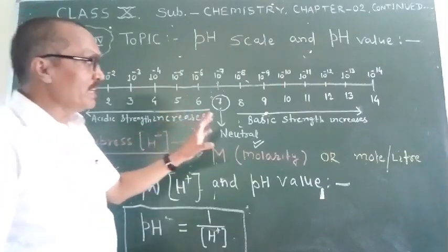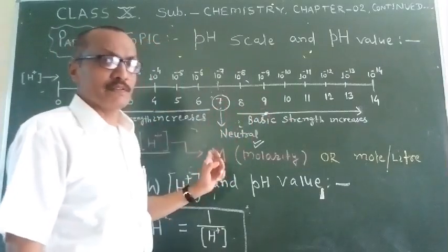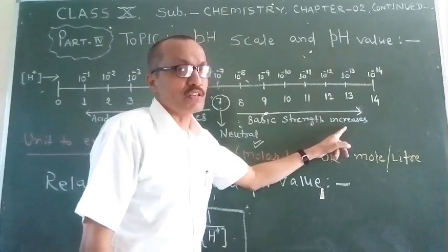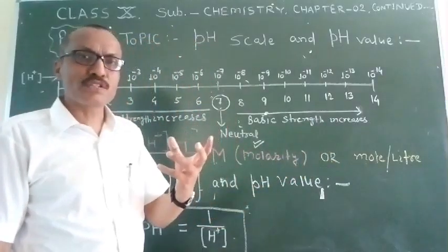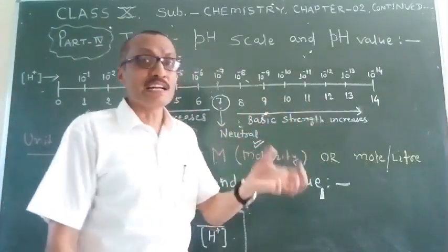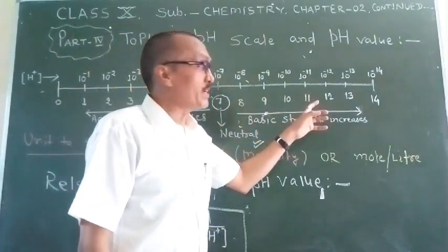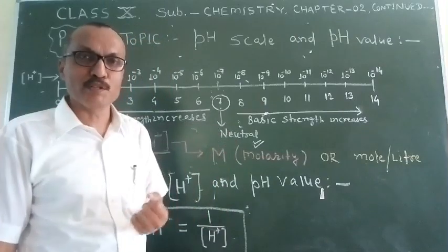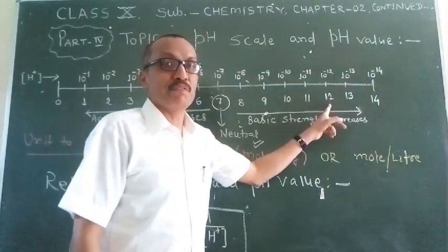Okay? In similar way, students, as you move right from 7, basic strength of solution increases. Suppose two solutions whose pH are 10 and 12 respectively, and it is asked which one of them will be more basic. What would be your answer? 12. Certainly 12.